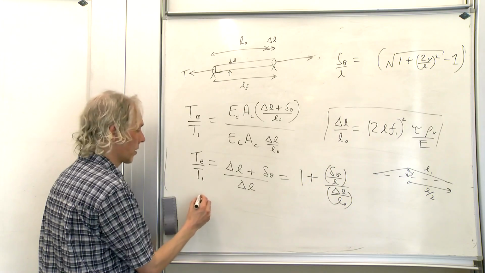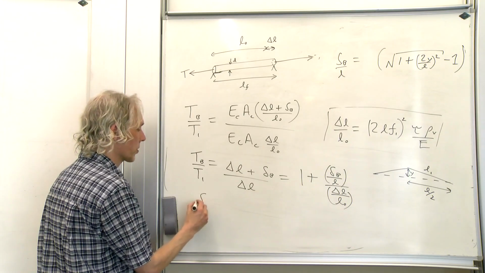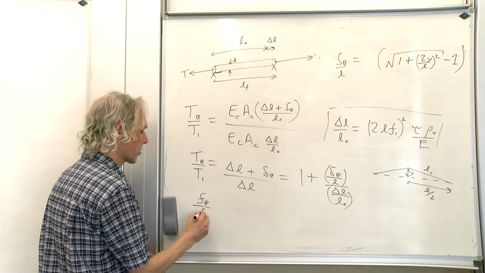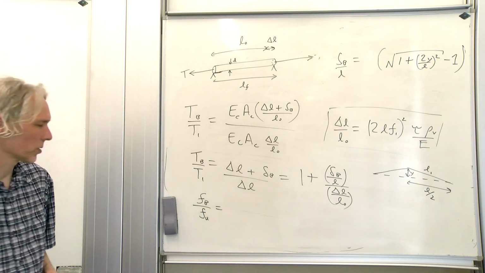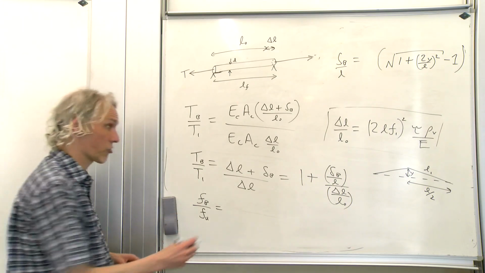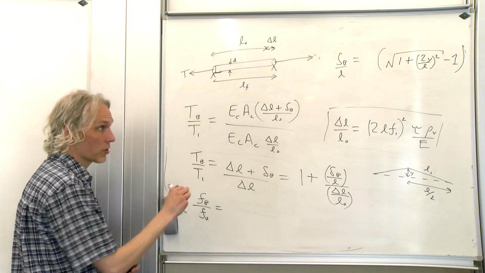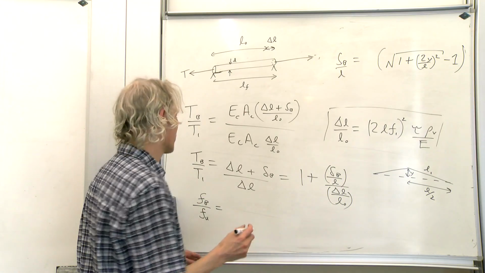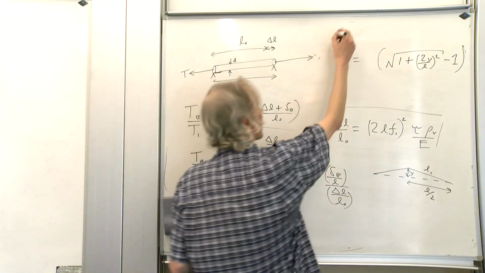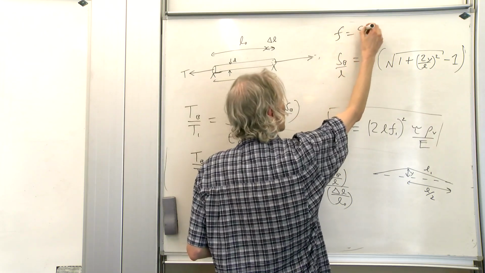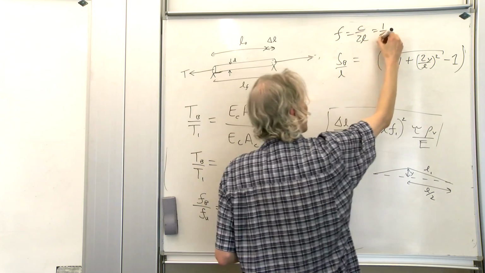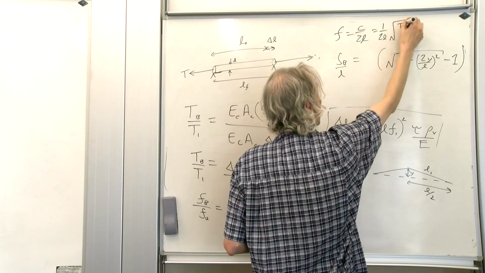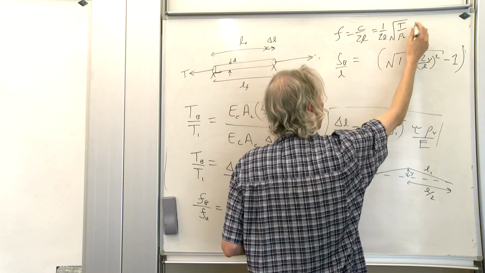So the important thing is that the frequency once it's bent, compared to the frequency once it's unbent, is going to be to do with the tension. Remember in our original definitions, the frequency was equal to C over 2L, which was equal to 1 over 2L times the square root of tension over mass per unit length.